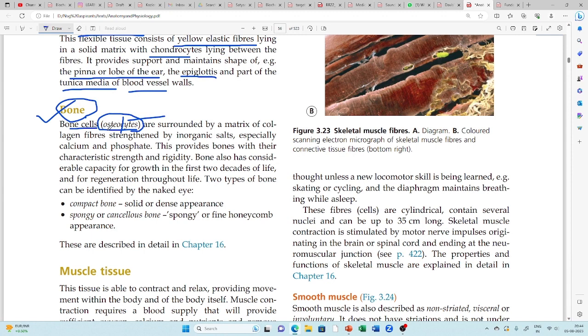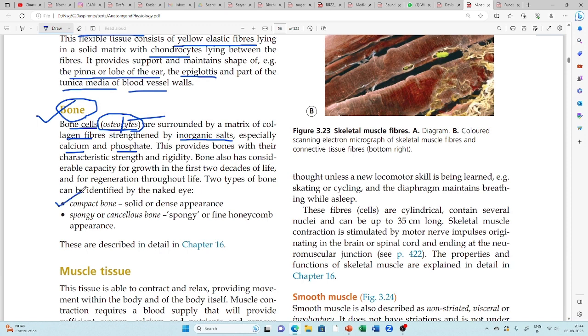Osteocytes are surrounded by a matrix of collagen fibers strengthened by inorganic salts, especially calcium and phosphate. Bone is hard, strong and rigid.